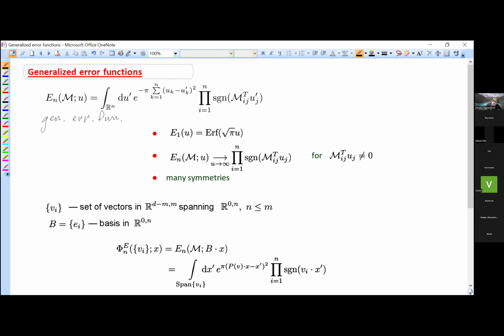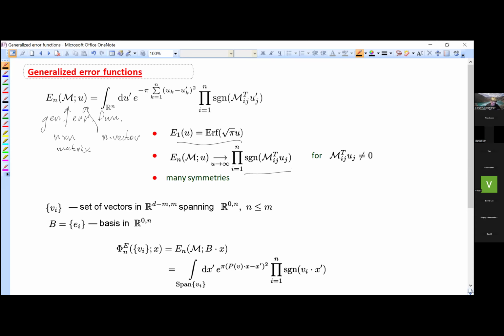And it depends on a certain matrix. So M is an n by n matrix, and U is some n-dimensional vector. And you can see that for n equal 1, you just get the standard error function, with similar properties to what we had before. If the argument goes to infinity, you return back the product of sign functions.